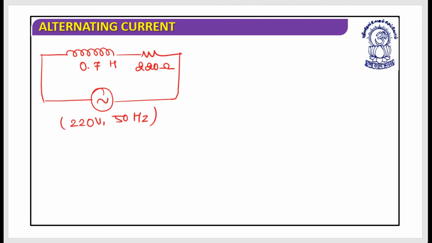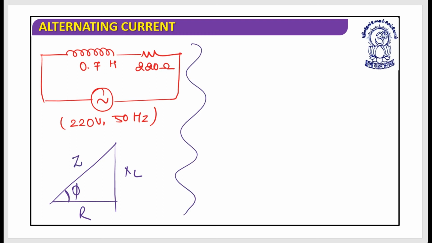How will I do this? First, let's make the impedance triangle and from that calculate angle phi. This is phi, this is XL, this is R, this is Z. From this, tan phi equals XL by R.